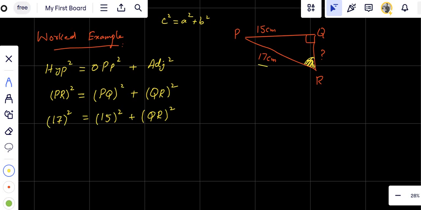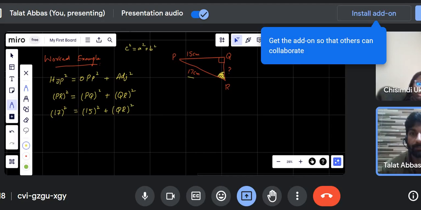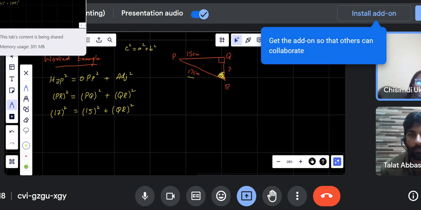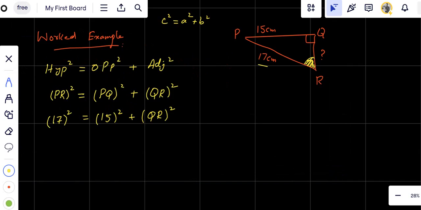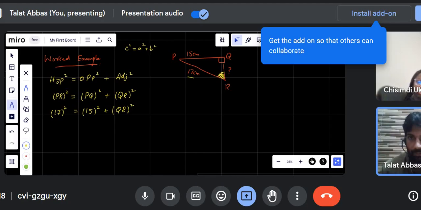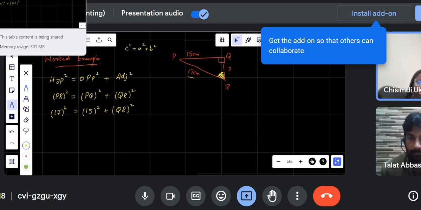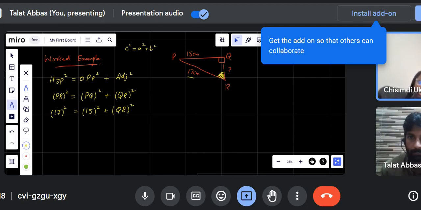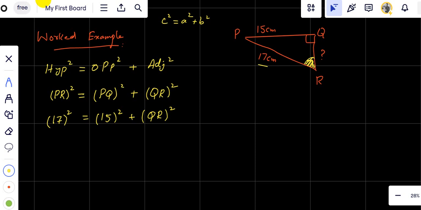So do you know what is 17 square? Okay, if you have a calculator, you can use it. Yeah, it's 289. Sometimes if you're not allowed to use your calculator, or if you forgot to bring your calculator to school or to the test, it's simple.